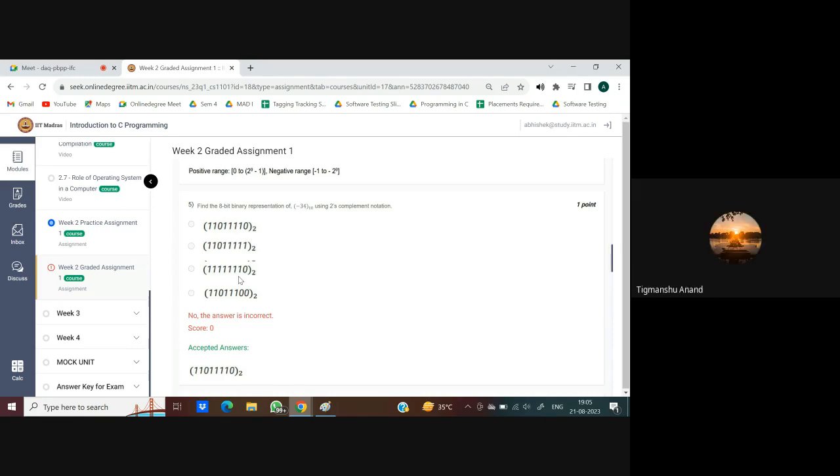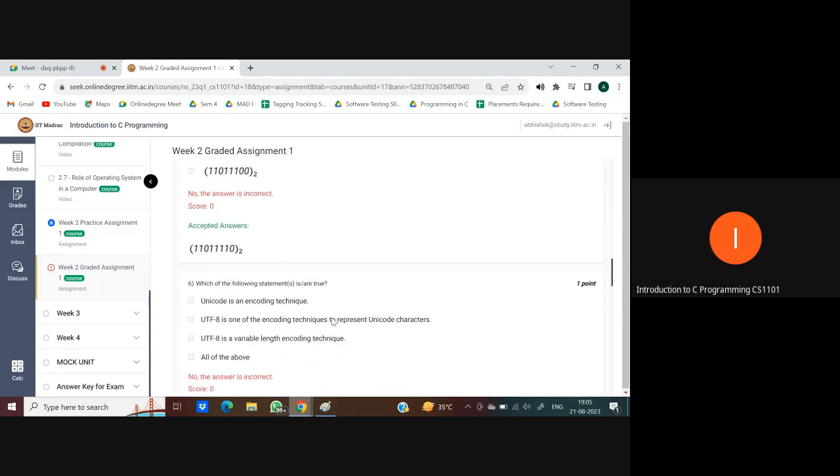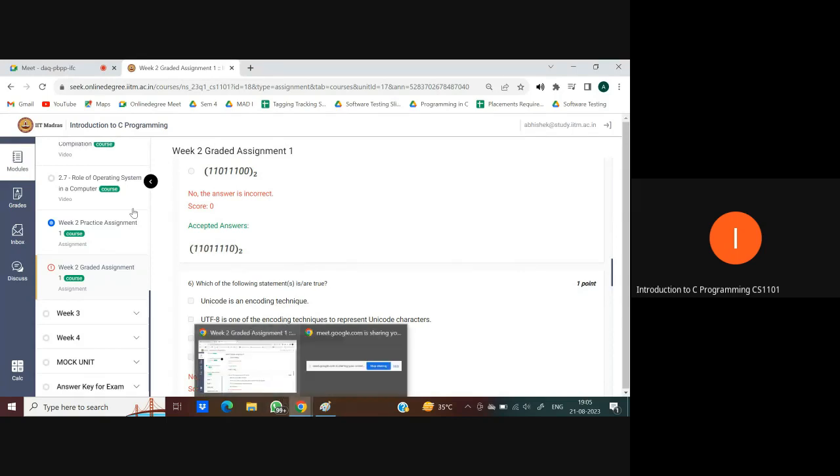Okay, fine. Next question is, which of the following statements is true? Unicode is an encoding technique. Just give me a minute.